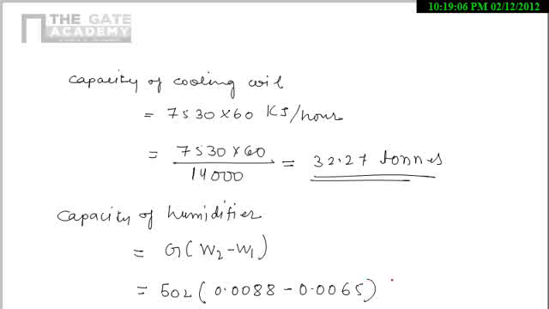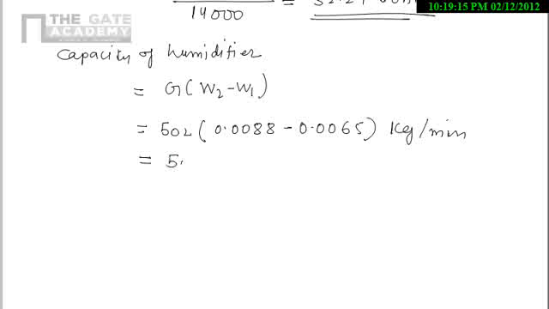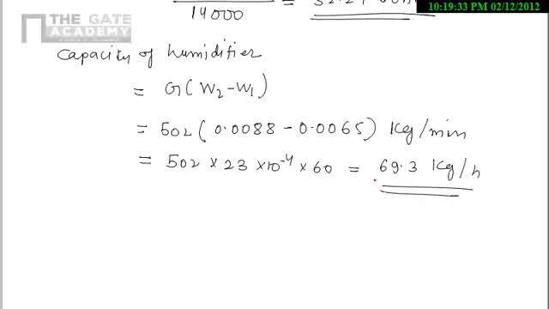So if we calculate this, it will come in kilogram per minute. So 502 into 23 into 10 to the power minus 4 into 60 will come in terms of kilogram per hour. So that is 69.3 kilogram per hour. So the capacity of humidifier is 69.3 kilogram per hour.